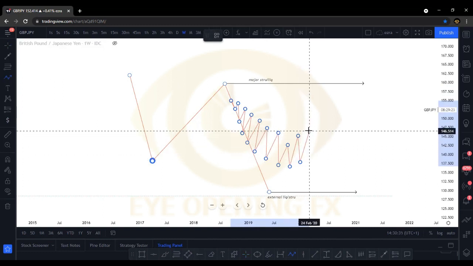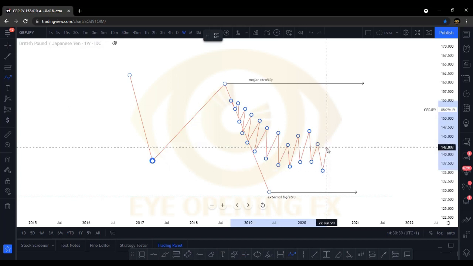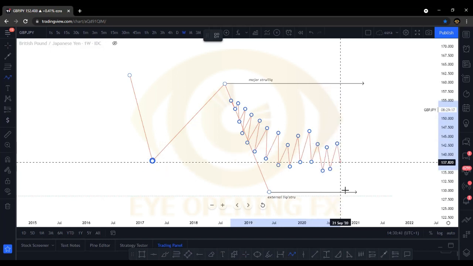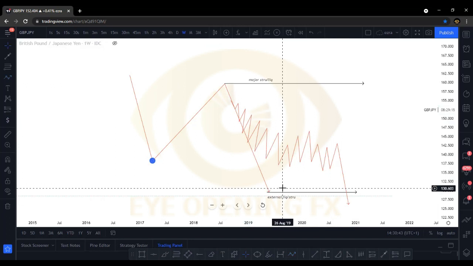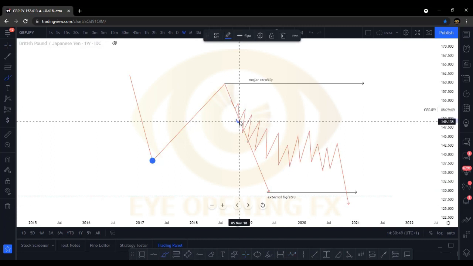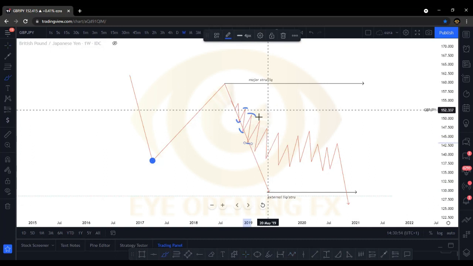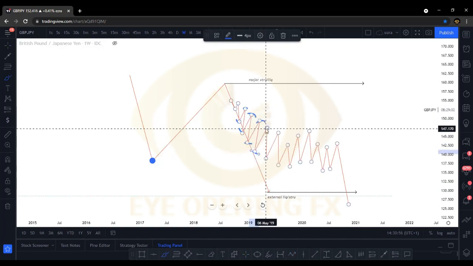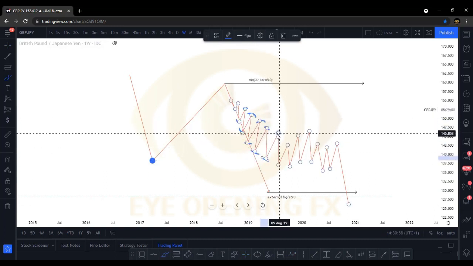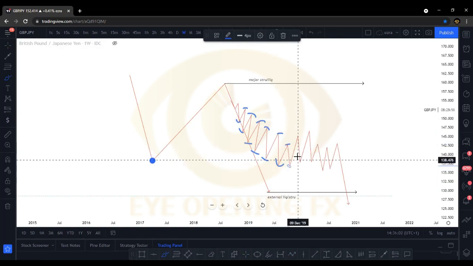When the market does this, you understand that it gives multiple entries for scalpers. It gives buy, sell, buy, sell, again and again.